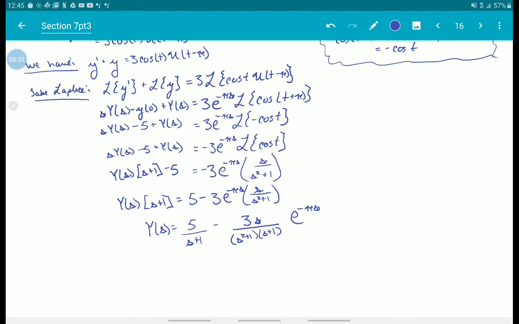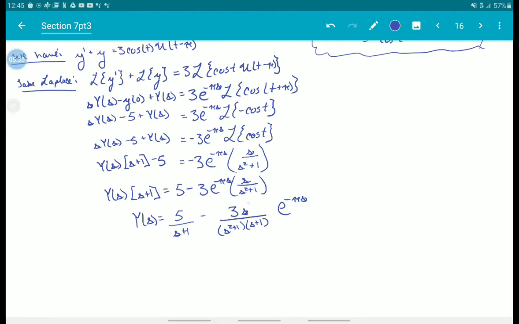So let's do some partial fraction decomposition. Who doesn't like doing that? We need to break this guy down. So we have 3s over s squared plus 1 times s plus 1. So we have, I'm going to do the linear term first, and then the irreducible quadratic.